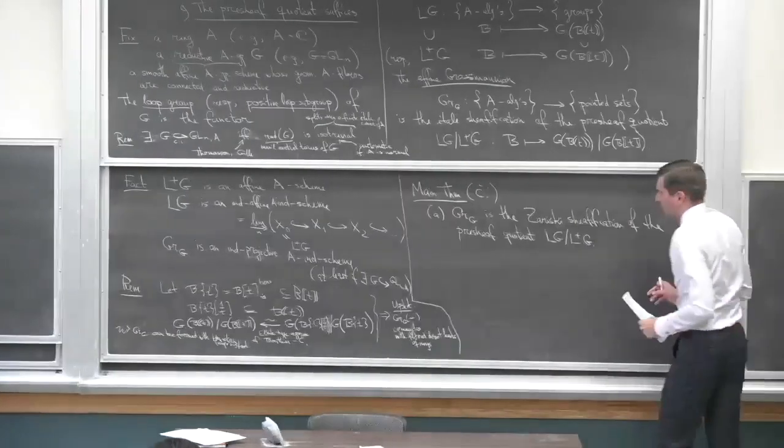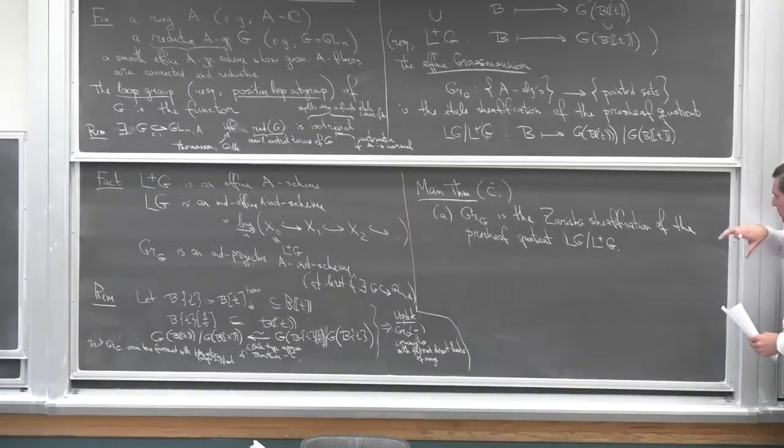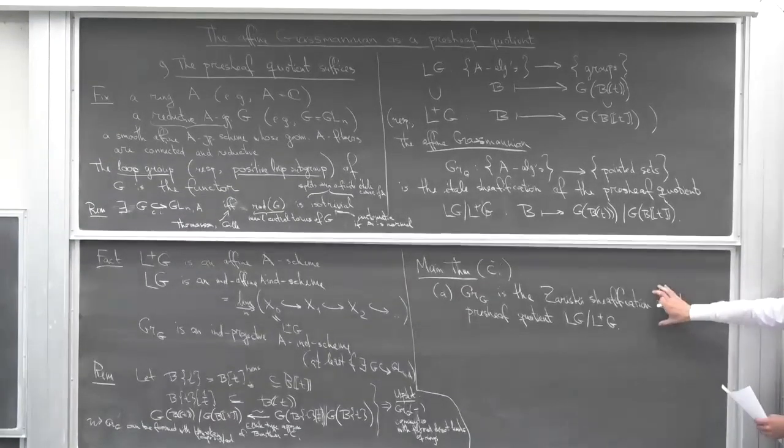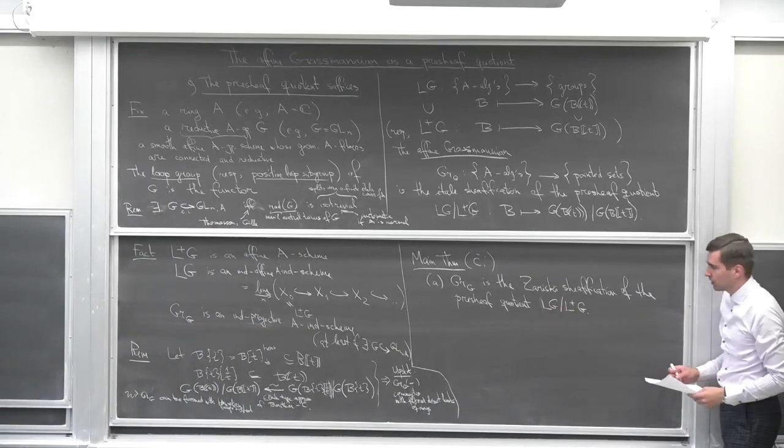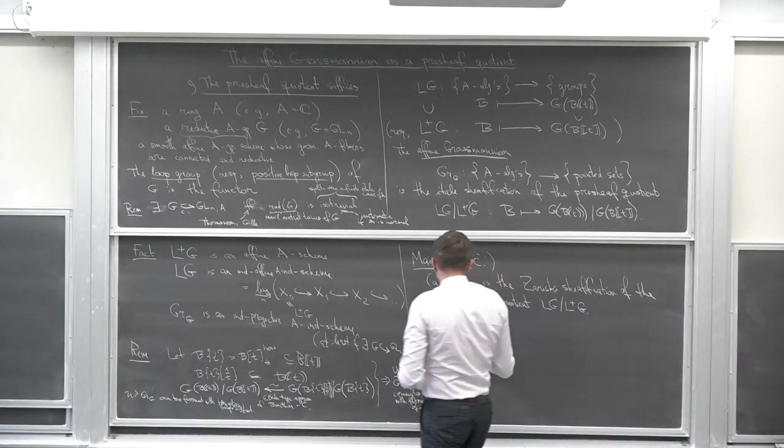Okay, so part A of this main theorem says that the affine Grassmannian is just the Zariski sheafification of that presheaf quotient.